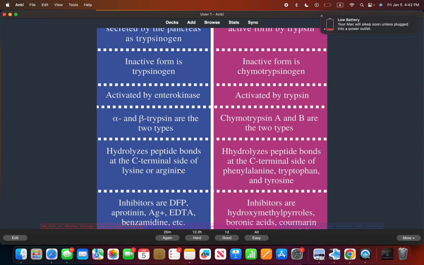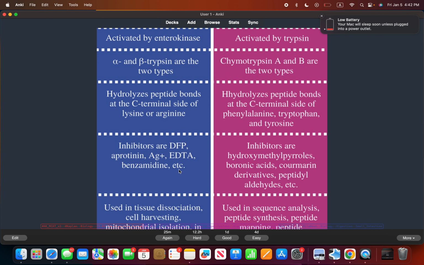Trypsin's inhibitors are DFP, aprotinin, Ag+, EDTA, benzamidine.